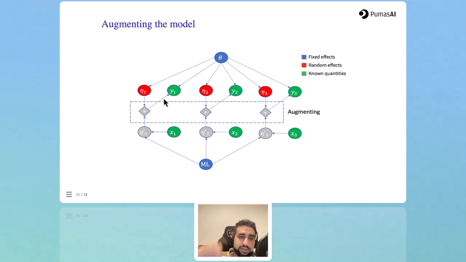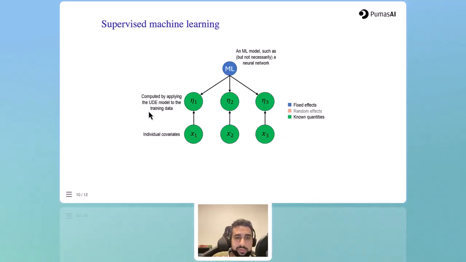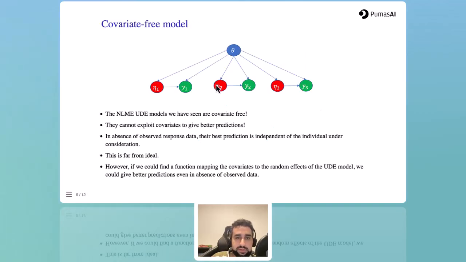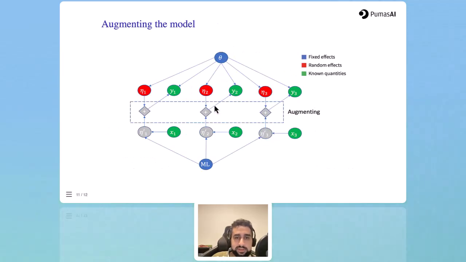So this arrow represents the exact same relationship as this arrow. And this arrow represents the exact same relationship, the functional relationship, as this arrow here, right? So once we add the output of the neural network to this residual random effect, then we use the output in the exact same position, the exact same way as the original random effect in the covariate-free model. So that's very important to keep in mind.